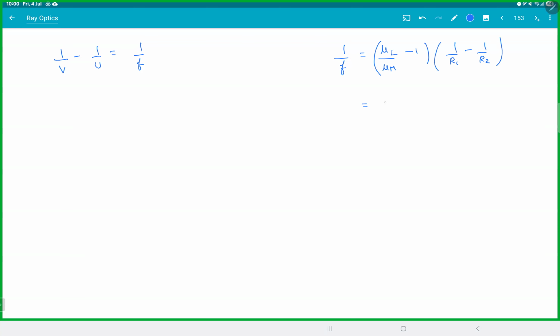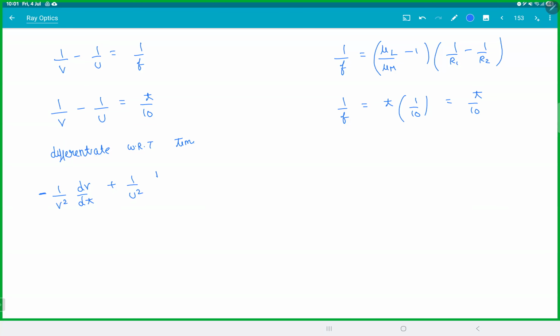Here, this is mu minus 1, so that will be t, and this will be 1 by 10. So actually your 1 by focal length is t by 10. This actually makes your life easy. So this will be 1 by v minus 1 by u, u is fixed, equal to t by 10. Now differentiate with respect to time: minus 1 by v square dv by dt, I could have moved the object also, plus 1 by u square du by dt, equals 1 by 10.